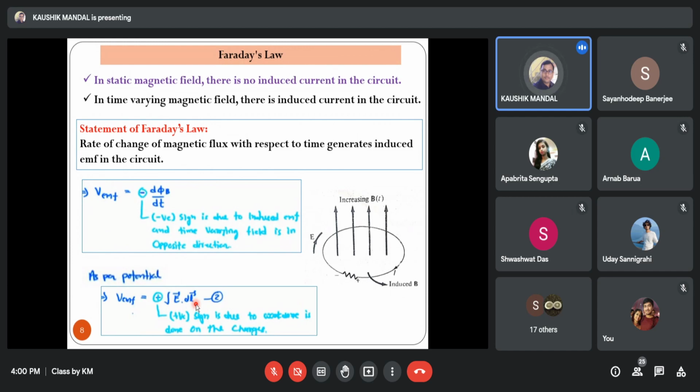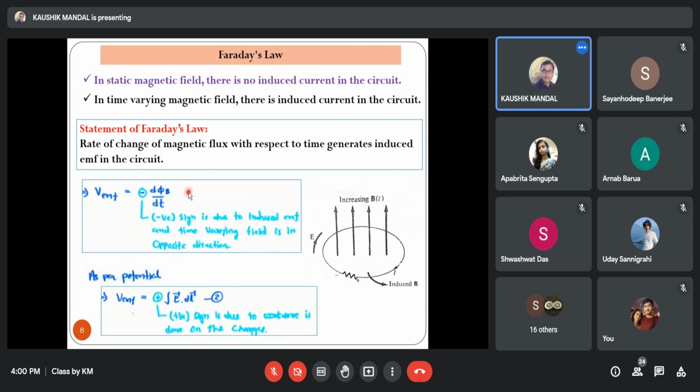This integral creates the induced electromotive force, the potential due to electromotive force. This is also a potential due to electromotive force, but it is generated due to the change in magnetic flux, and that is the mathematical description of Faraday's law.